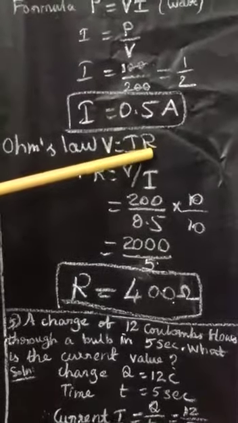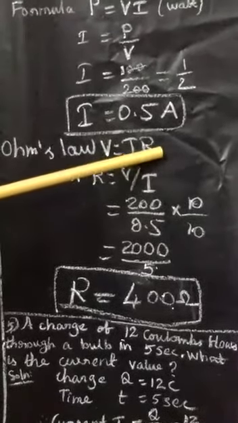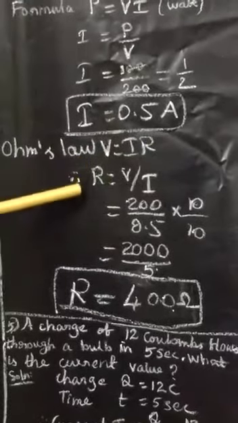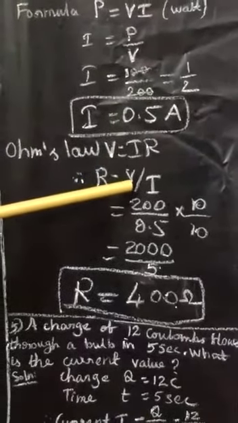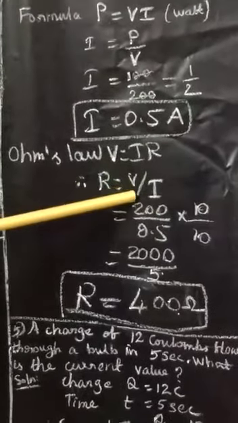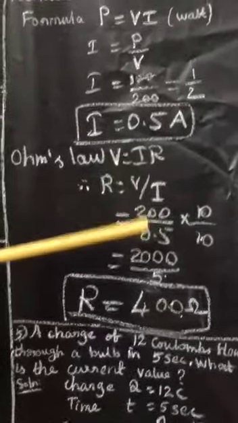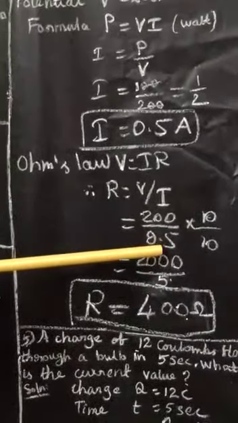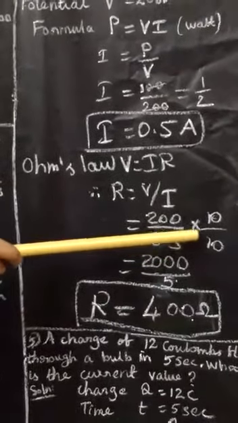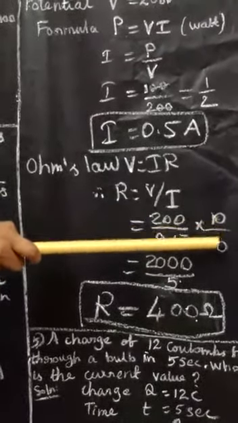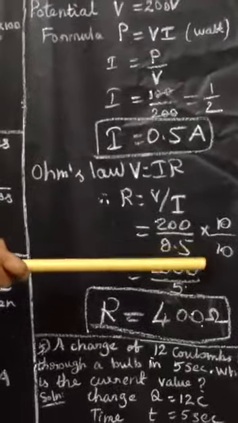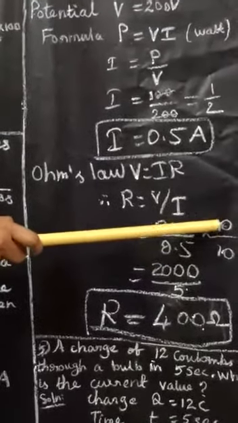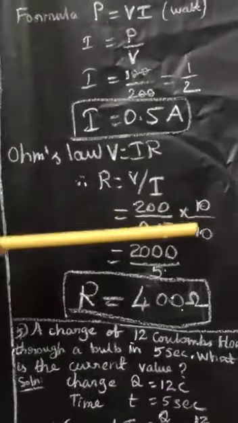R is the unknown quantity, so rewrite the equation: R is equal to V by I. The potential difference is 200 volt, the current is 0.5. To remove the decimal point, multiply upper and lower by 10.